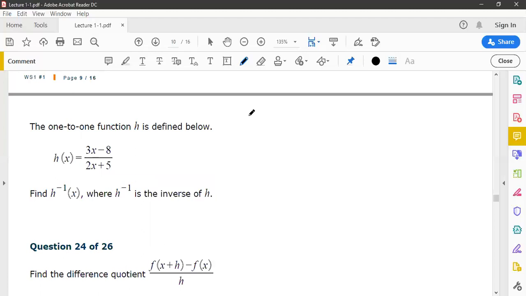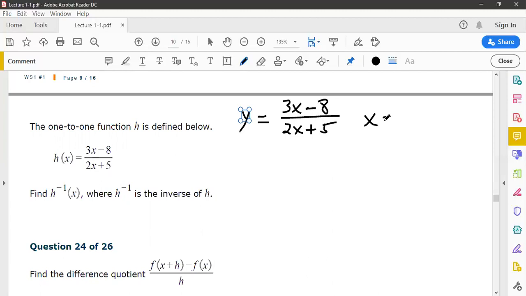Remember, the best thing to do is change it into the form of an equation. So instead of h of x, we're putting y in its place, and we have 3x minus 8 over 2x plus 5. Okay, so remember, when we're finding the inverse, x and y switch places.